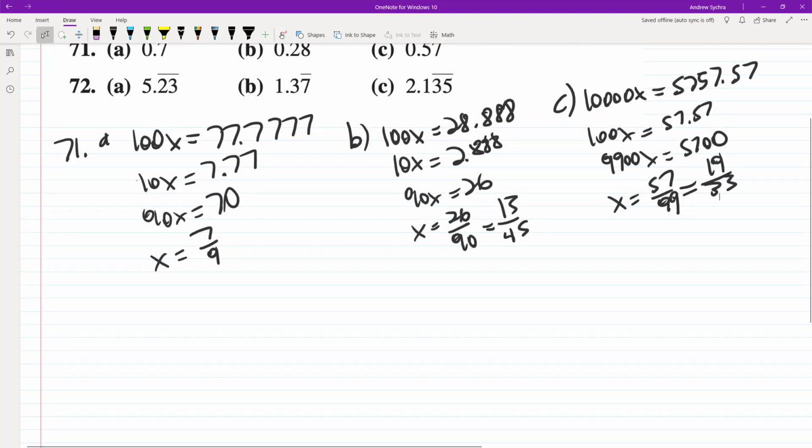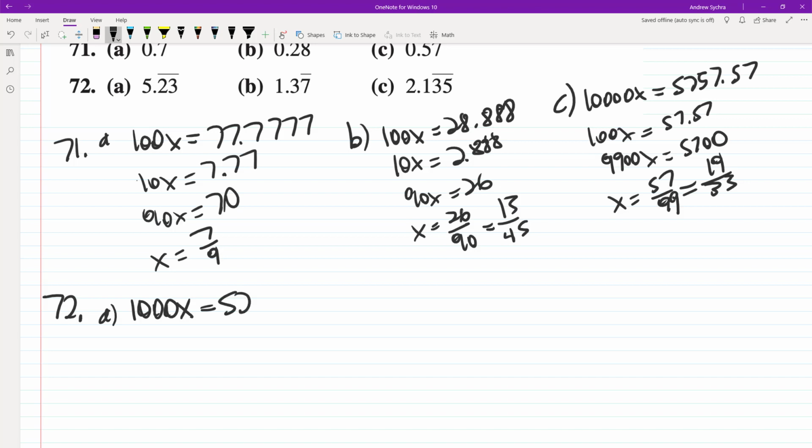72. Oops. Sorry if I'm just running through this really fast. I'm not going to explain everything. But essentially you're working this, setting this up. Divide through by 100.